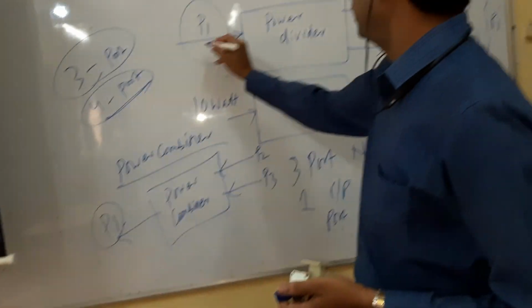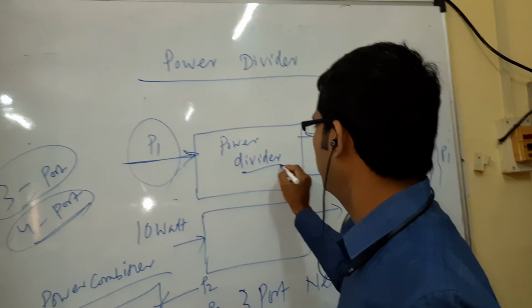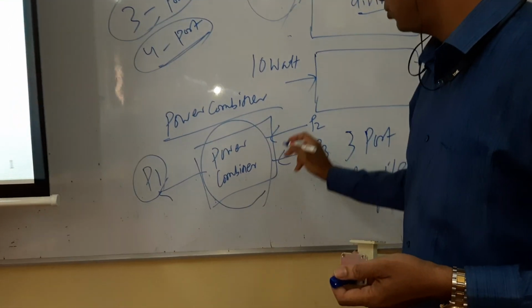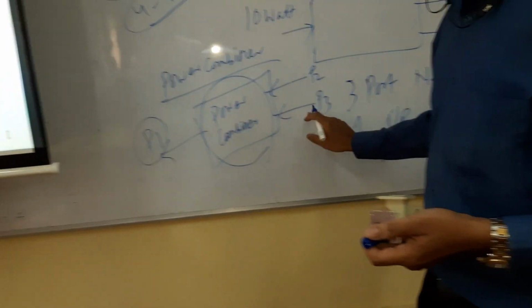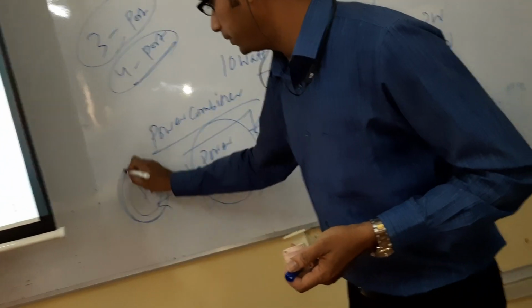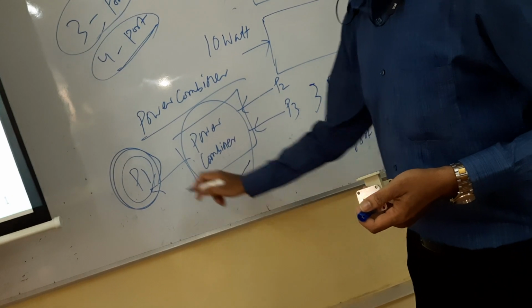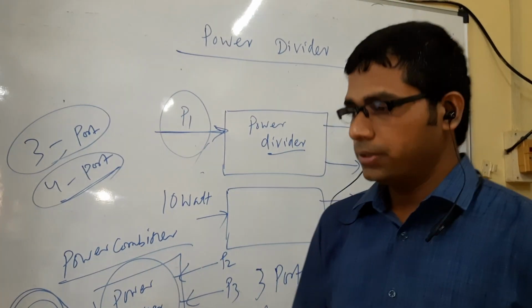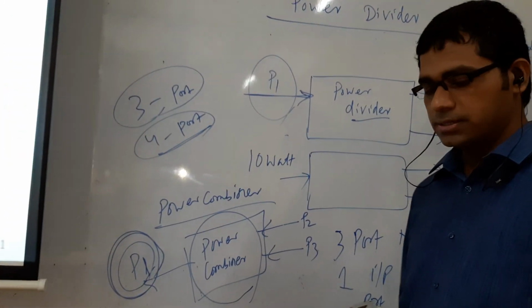Here it can act as a power divider, that means it divides the power into two parts. In case of a power combiner, we have two inputs P2 and P3, and that is combined and obtained at port P1. So we can have different types of power dividers and power combiners.